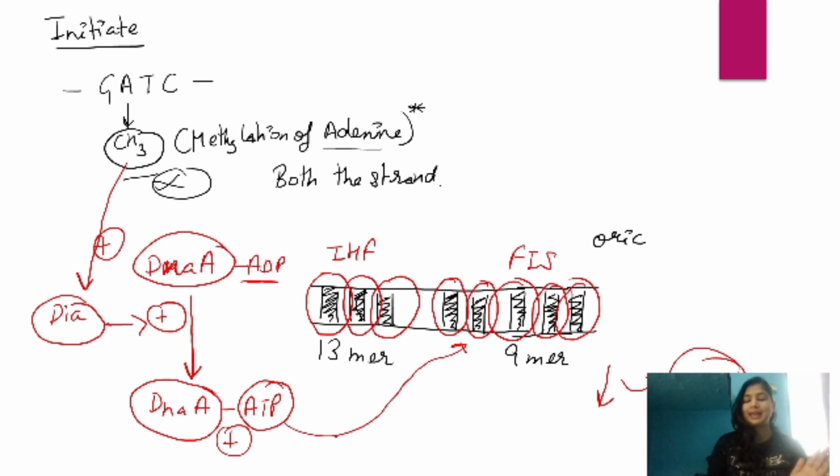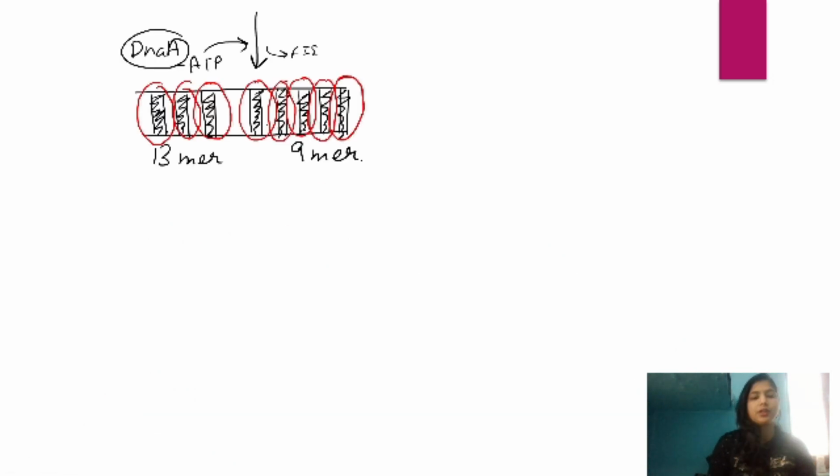So DNA A is replacing the FIS protein which was already present over there. So now here DNA A has come and IHF is still as it is.